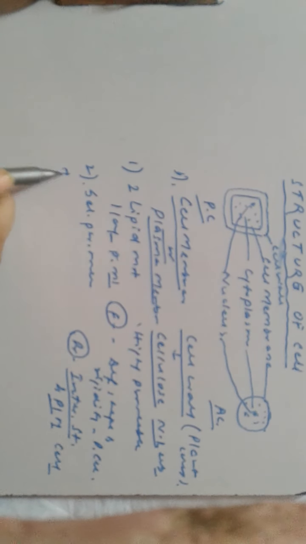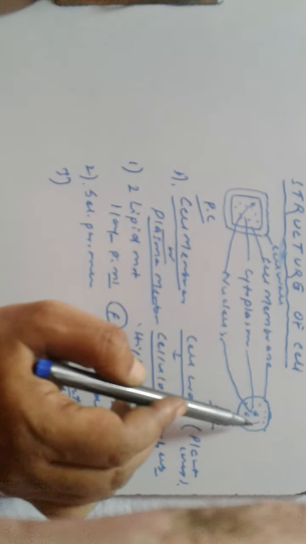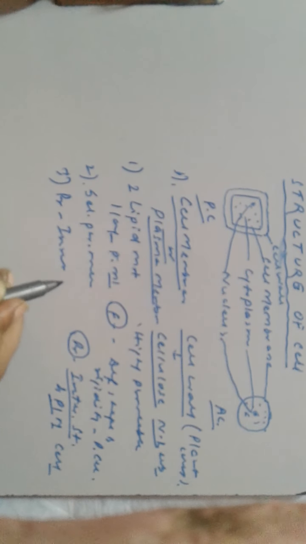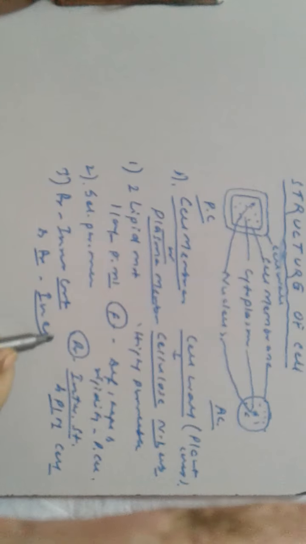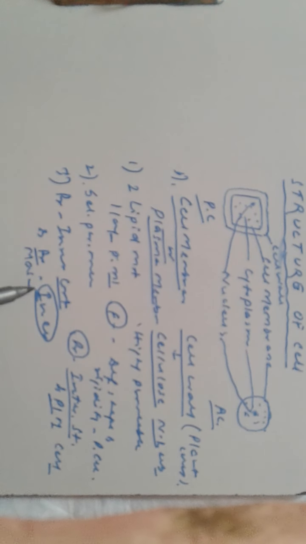It protects the inner contents of the cell and provides the internal environment. The internal environment inside this cell is maintained by the plasma membrane.